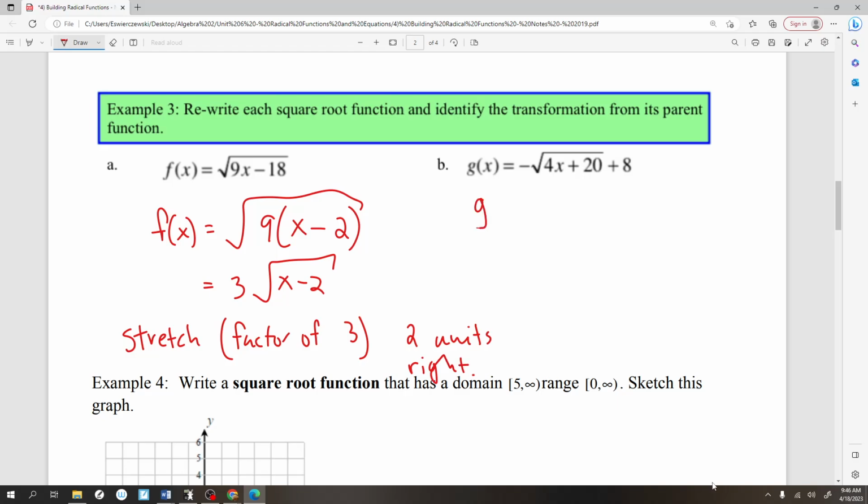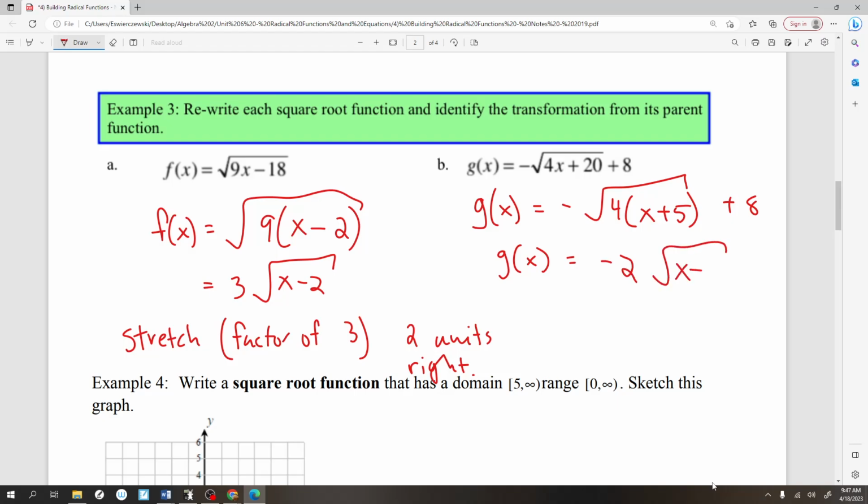Next one, g of x equals, again, I have a greatest common factor, so it's going to be 4 times x plus 5. Then g of x equals, take out the 4, square root it on the way out, so it'll be negative 2. X plus 5 is now the new radicand, plus 8.